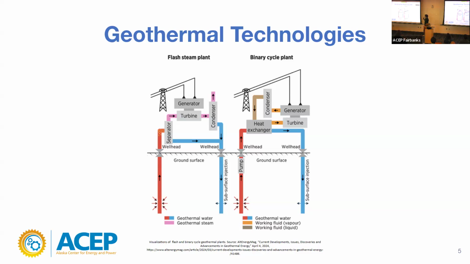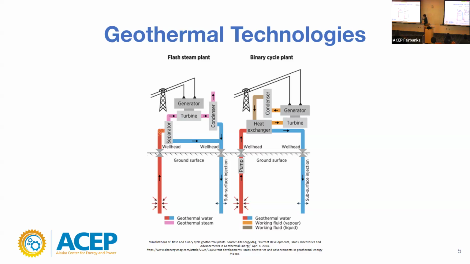As you can see in the flash steam plant diagram, some of the geothermal steam is actually emitted from the condenser into the atmosphere, which explains some of the findings in my report. In this binary cycle plant, what makes it unique is that it consists of 2 closed loops. This bottom closed loop has geothermal water running through it.